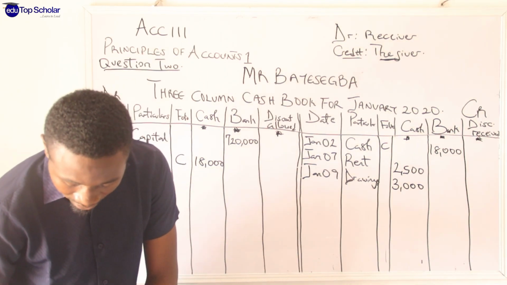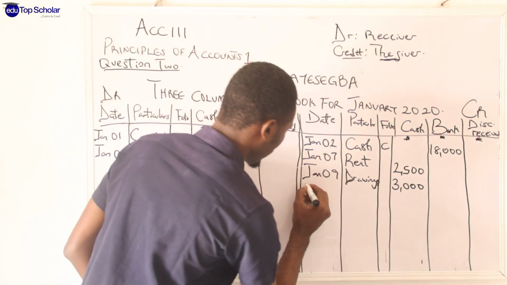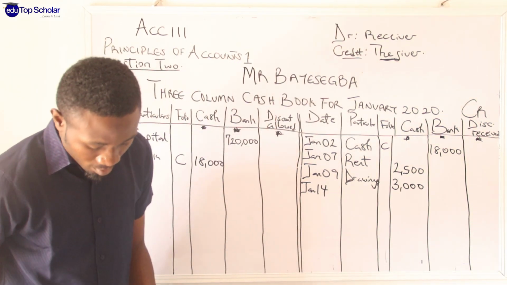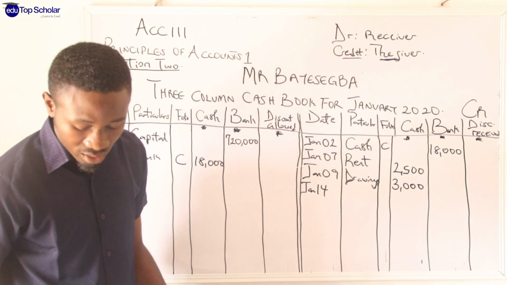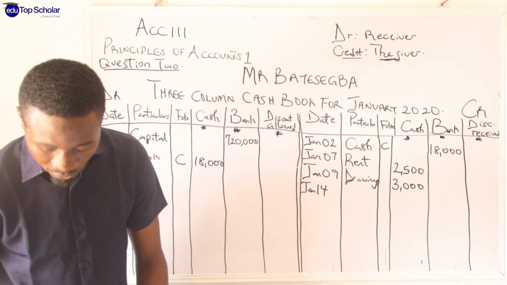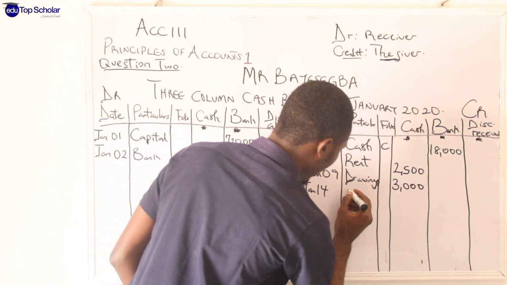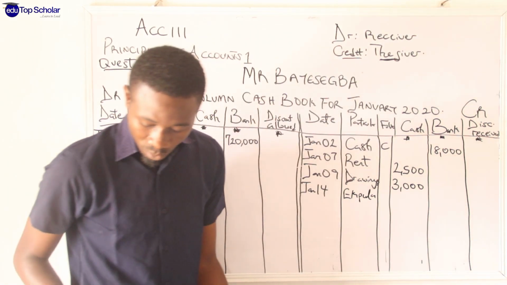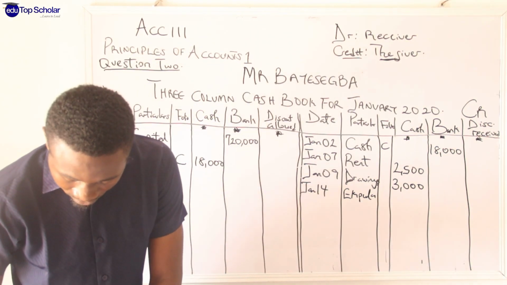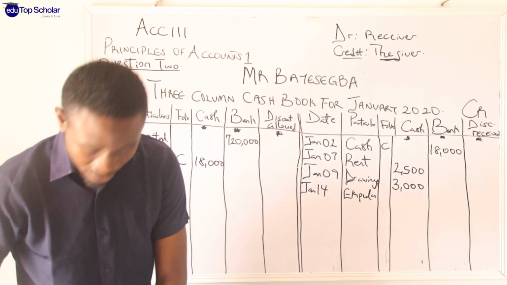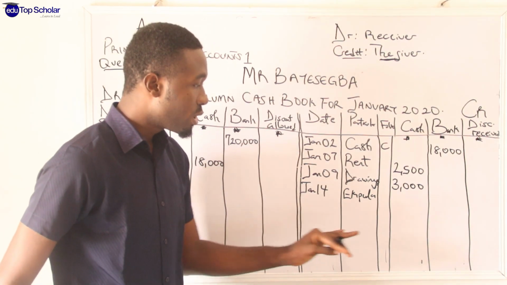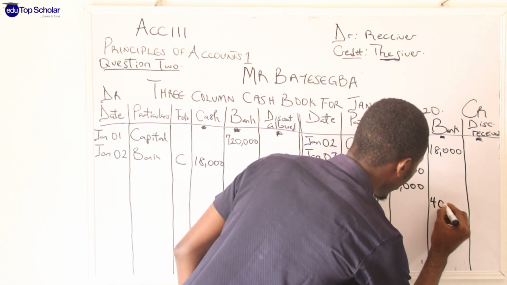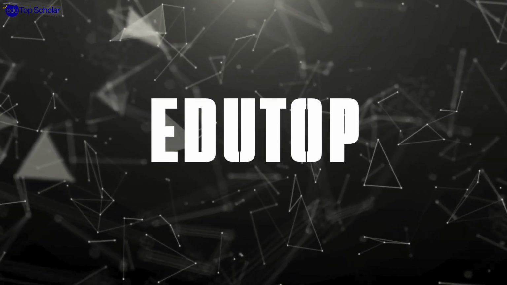So January 14, we bought cash purchases from Ekpula. And because it was paid by check, which means it was going to be withdrawn from the bank, we record it on the bank side, 40,000 naira.